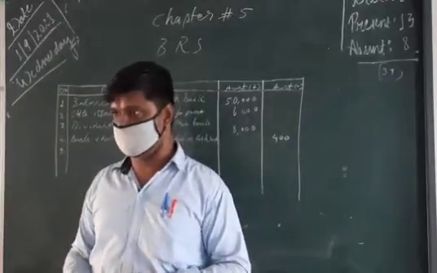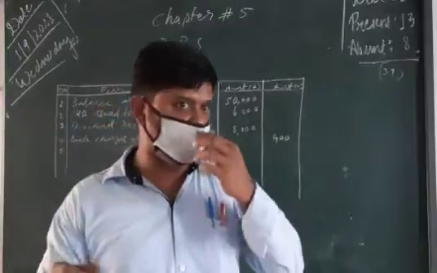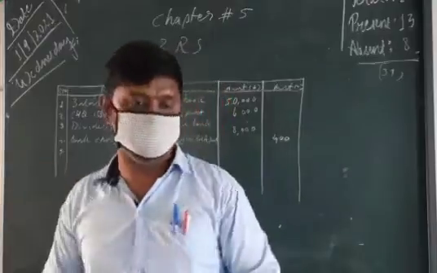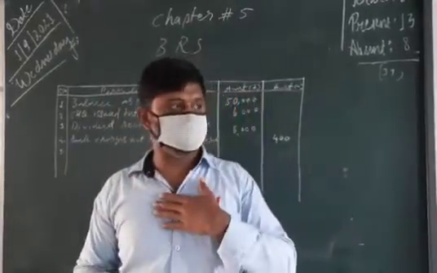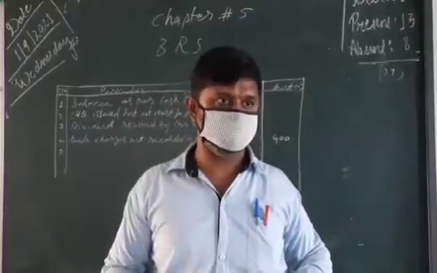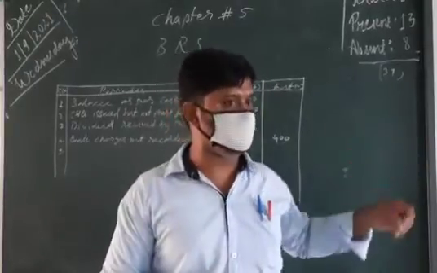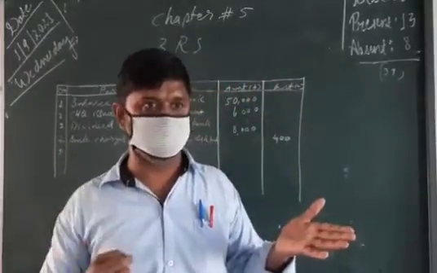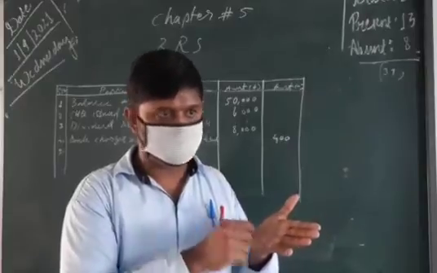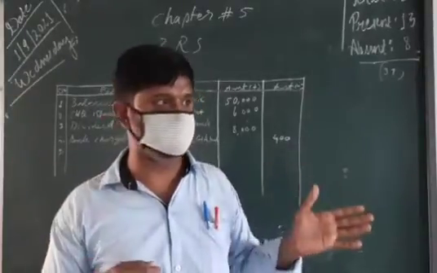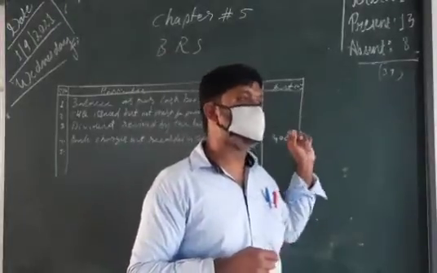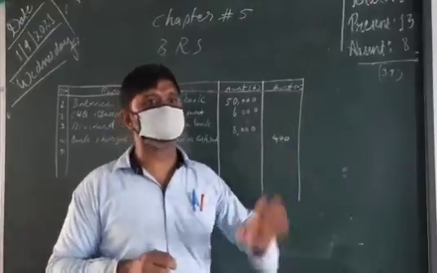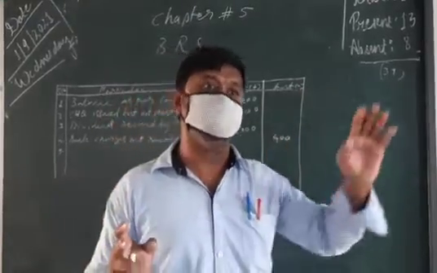Money received. For example, yesterday I said that if I got a check from Nigel, I can deposit it in my bank. If I deposit it today itself, then I will record in my cash book that cash was received from Nigel in the form of bank. Not as liquid cash, but as a check we received. So instead of cash, we write in the bank column that money was received from Nigel, whatever the rupees are.